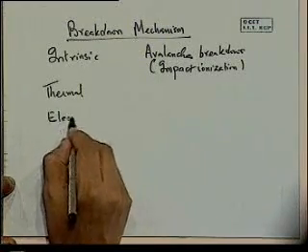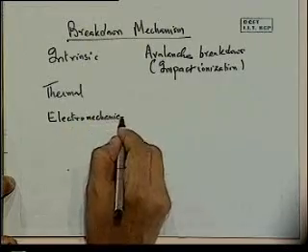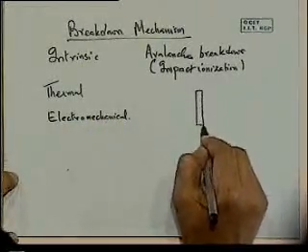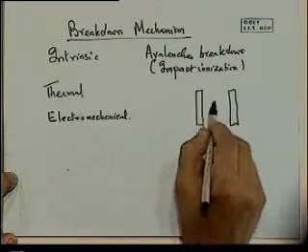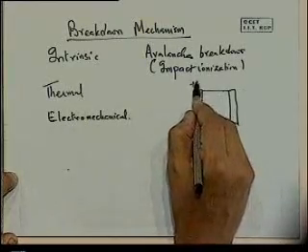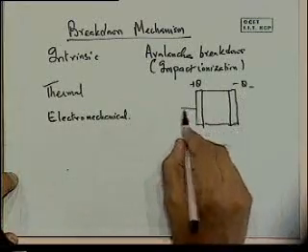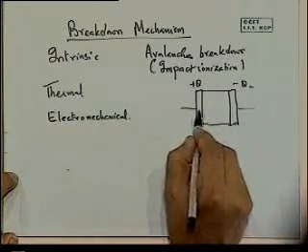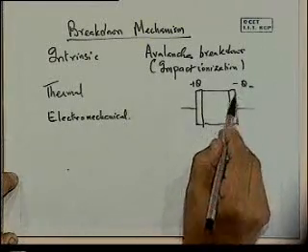Another one may be electromechanical. If you remember, we had our dielectric between two plates, with surface charges plus Q and minus Q. When the field is high enough and this dielectric is thin, what's going to happen to it? I've got a positive charge here, a negative charge here.